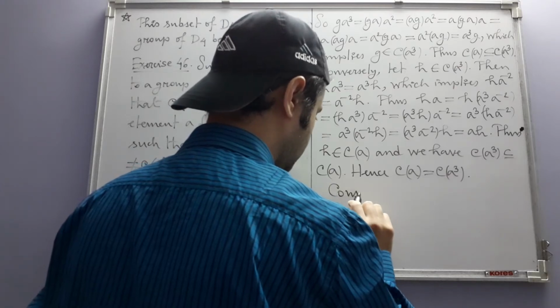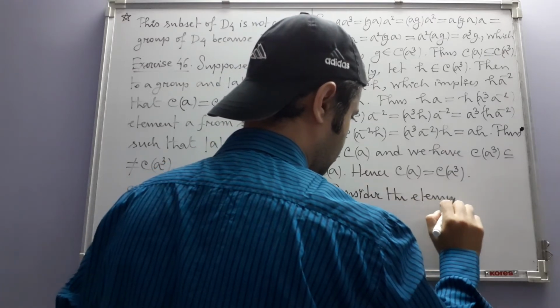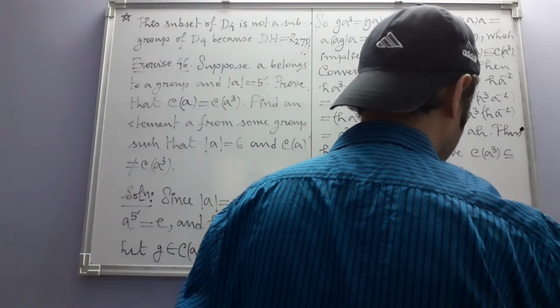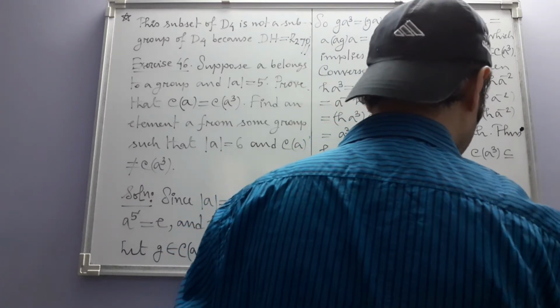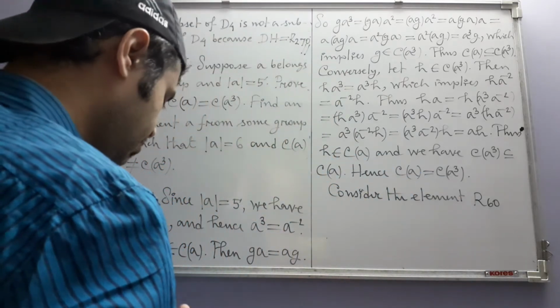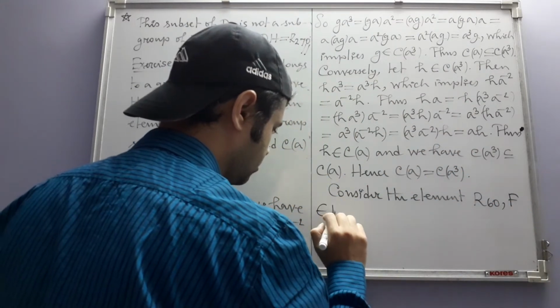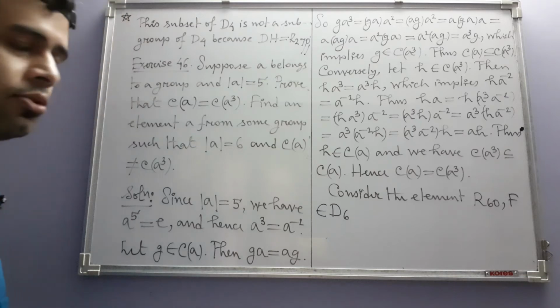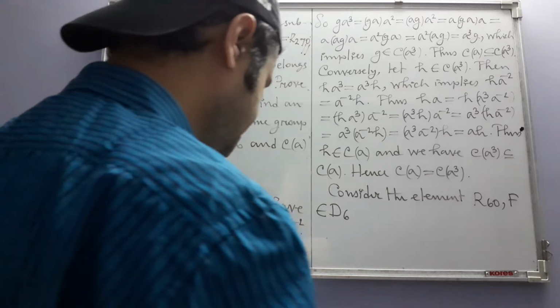Consider the element R60, okay, we can in fact consider two elements at once, R60 and F, in the dihedral group D6, where R60 is of course a rotation through an angle 60 degree and F is any one of the reflections.